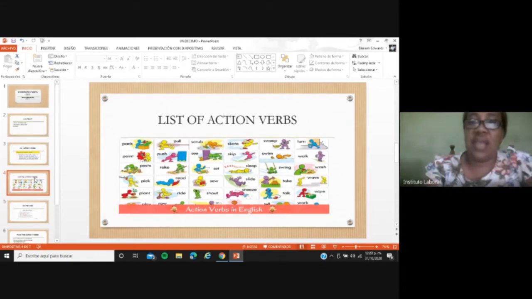Okay, these are some of the action verbs that we can use to make sentences. We use this list of verbs. If you see page 17, you see the same list of action verbs.